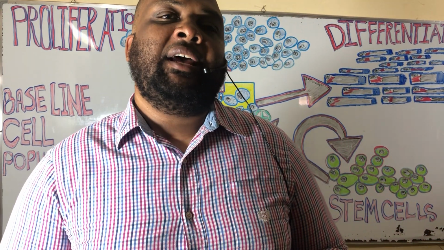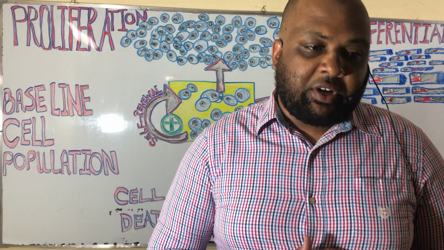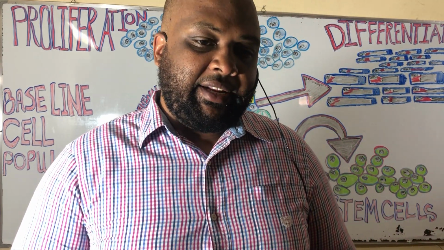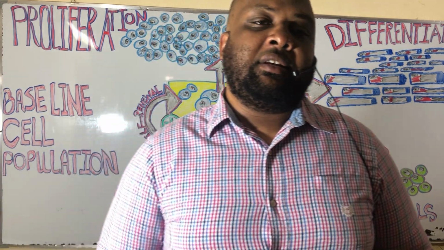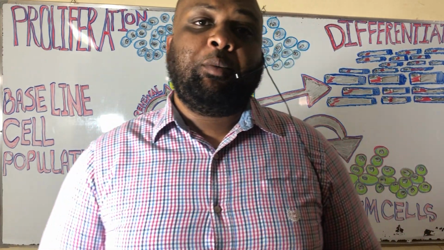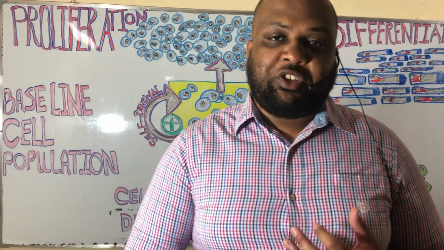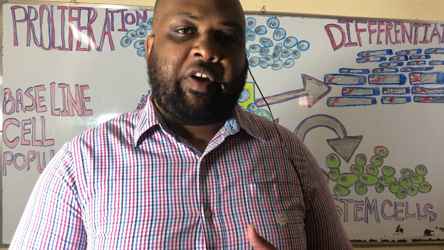So these cells that are participating in proliferation in healing, we had a group of cells, for example, in the cell population that were susceptible to superficial injury, and these cells were scraped out.